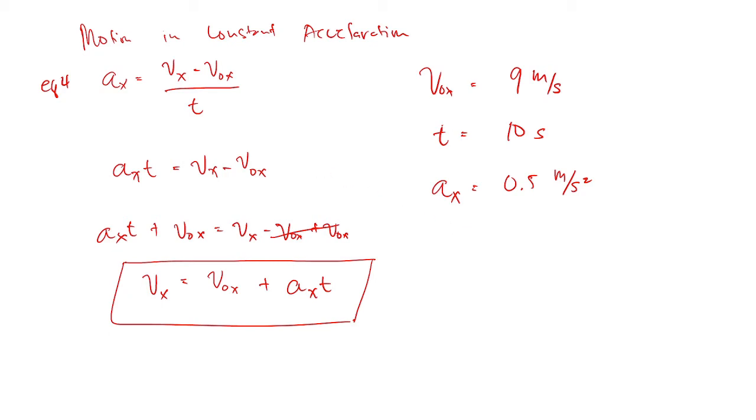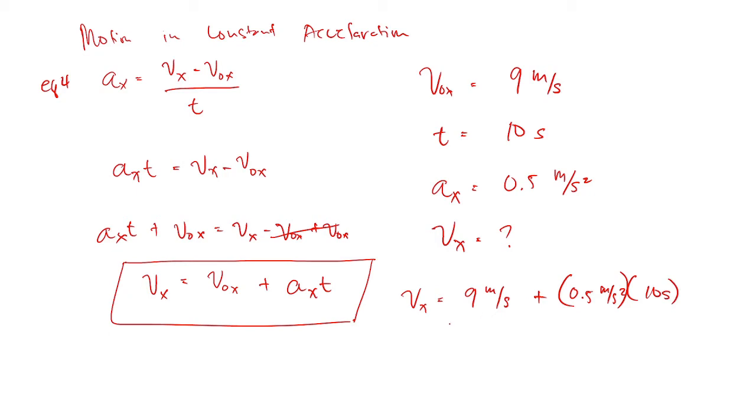So, what you can do here is, kung gusto mong malaman kung ano yung iyong final velocity, you just need to plug in all of these values to your equation, wherein you will have Vx is equal to 9 meters per second plus our Ax, which is 0.5 meters per second square. Then you just need to multiply that to time, which is 10 seconds.